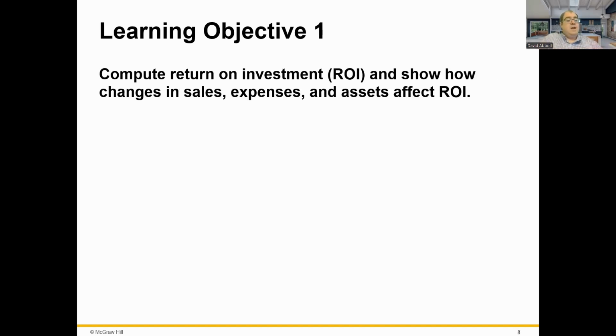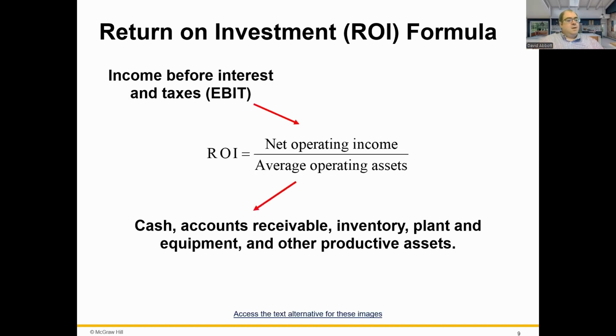Okay, so the first thing that we're going to look at is evaluating investment center performance, and specifically dealing with return on investment, otherwise known as ROI. So again, investment center performance is often evaluated using a measure called return on investment, or ROI. And it is defined as the net operating income over the average operating assets.